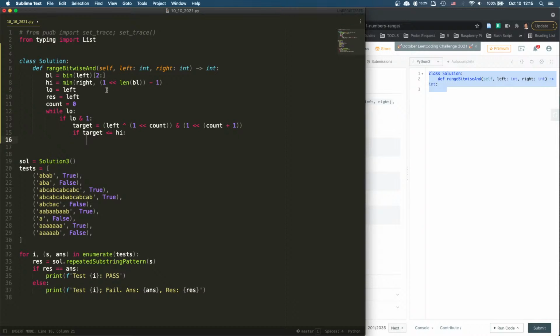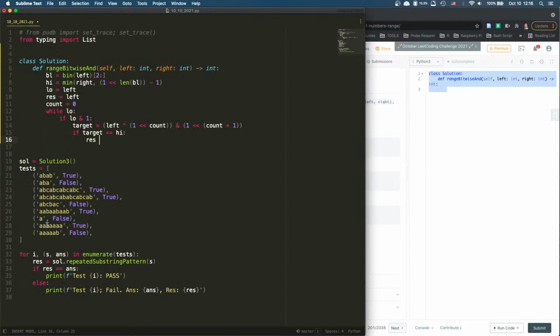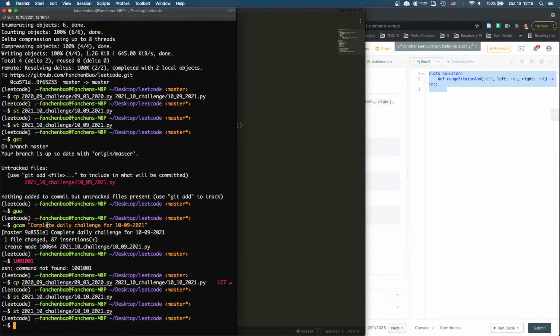It's included, we need to change the result, which means res is going to be exclusive or equal 1 left shift count, right? So that's, wait, is it exclusive or 1 left shift count?